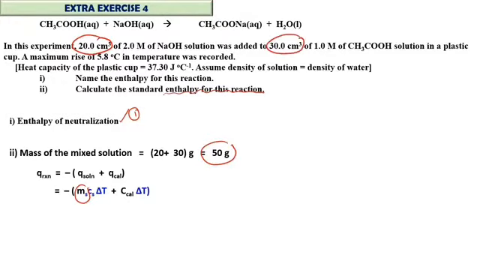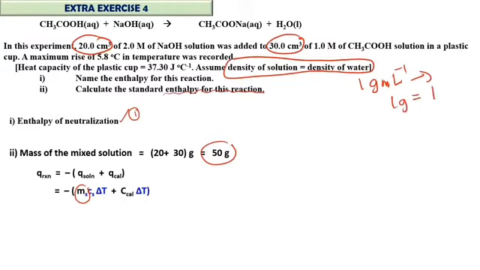So, kita gunakan volume untuk kira mass sebab kita dah assume density of solution is equal to density of water kan. Sebab dia 1 gram per milliliter, which means 1 gram is equal to 1 milliliter. So, sama lah milliliter ni 1 cm3. Faham?